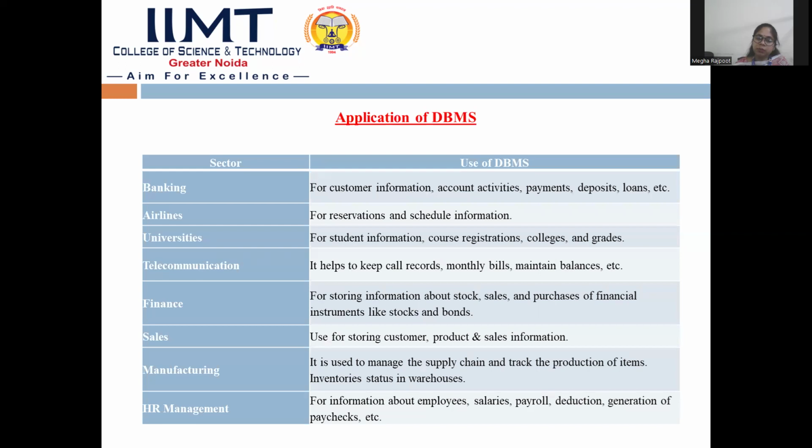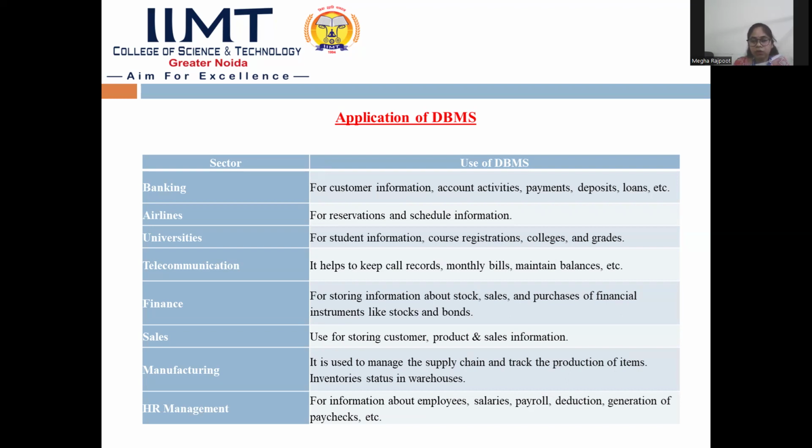In the manufacturing department, it is used to manage the supply chain and track the production of items and inventory status in warehouses. Last one, in HR management, we use the DBMS for information about employees, salaries, payroll, deductions, generation of paychecks, etc.